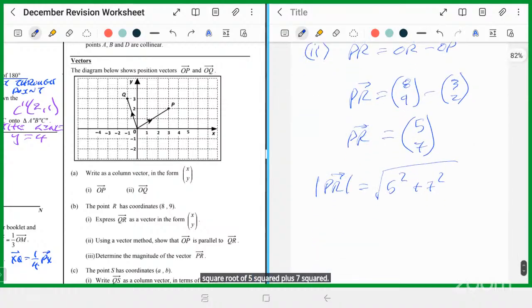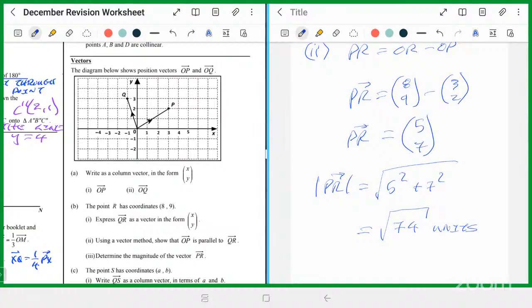That's 25 and 49 under the square root sign. So it becomes the square root of 74 units. That's the length of it, the magnitude.